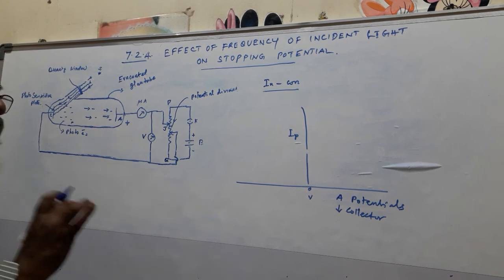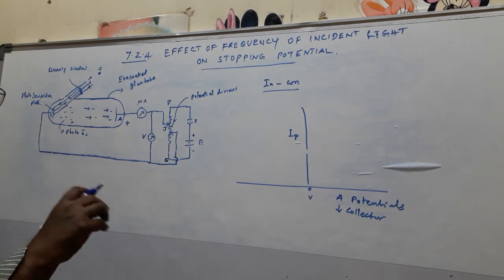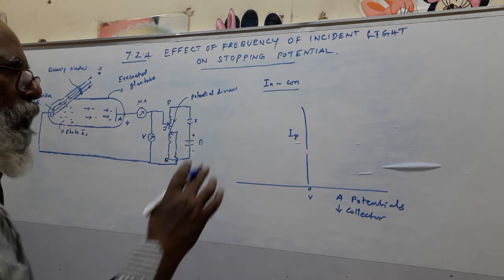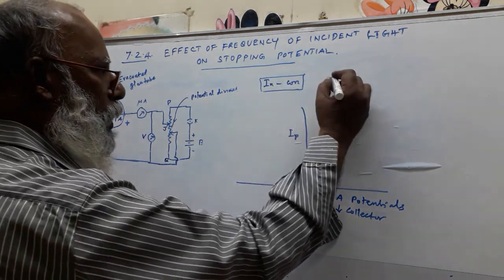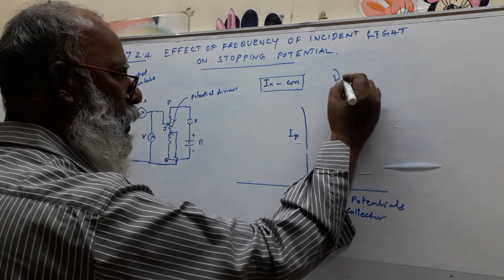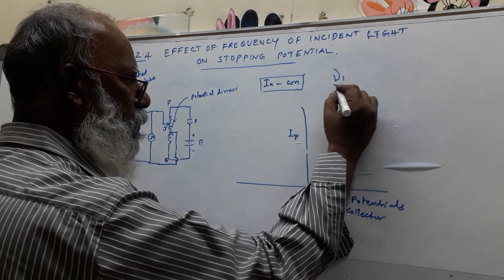Now what actually is the setup of the experiment? By keeping the intensity constant, you have to consider a frequency nu 1 of the incident ray first.